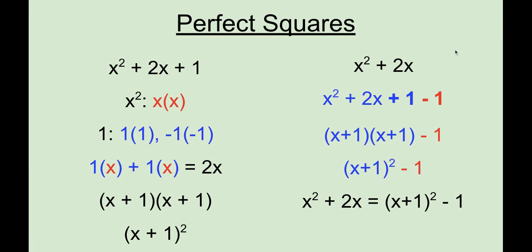In fact, if we were to do distribution and multiply this out, we would have x squared plus 2x plus 1 minus 1. They'll cancel. So that's why it's x squared plus 2x. You can see you give me an x squared and an x, and I can do some clever adding of zeros, then I can factor and get a perfect square. That's the deal.